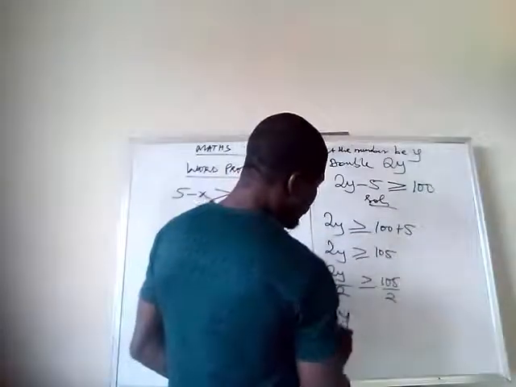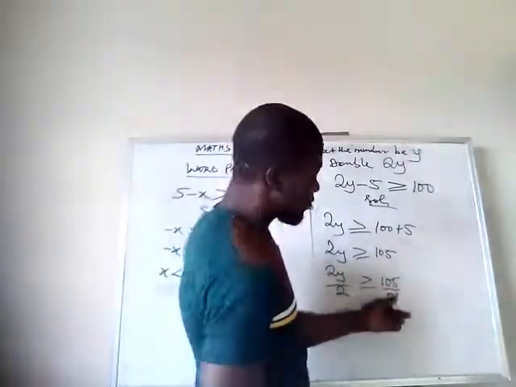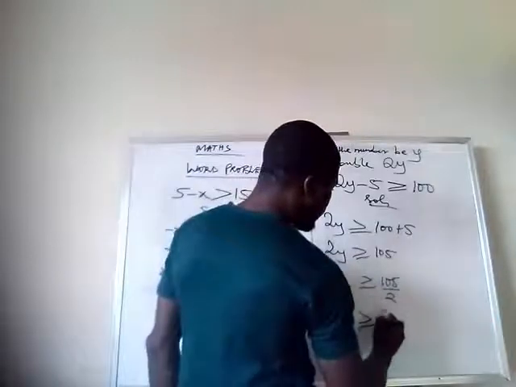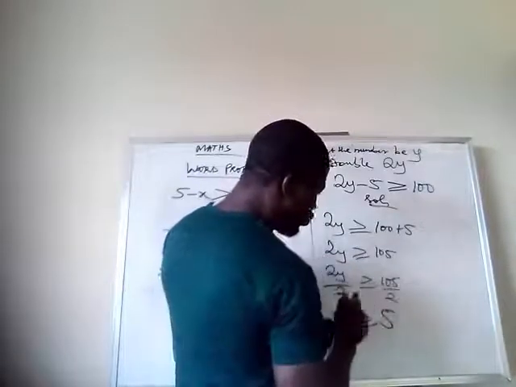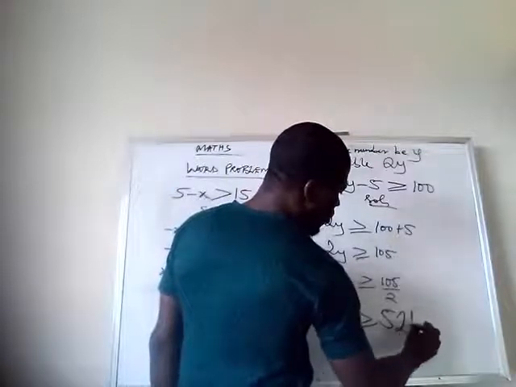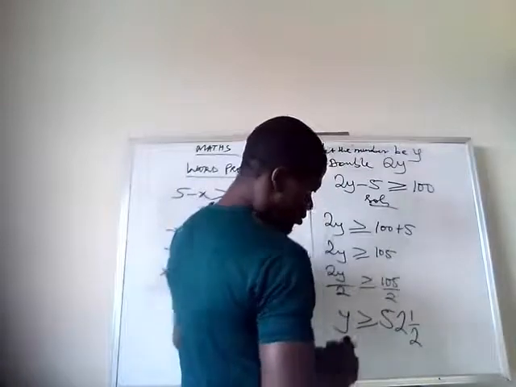Here we have y is greater than or equal to 50 and a half. 10 divided by 2 will give me 5. 5 divided by 2 will give me 2, remainder 1 over the number that is divided. This is your answer.